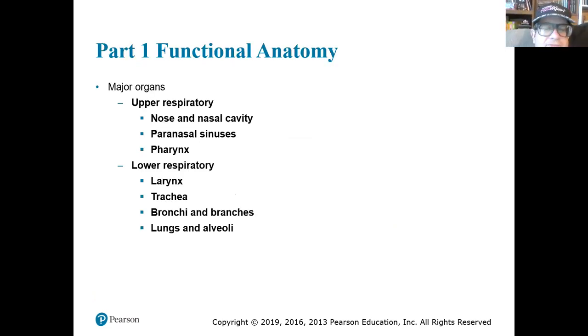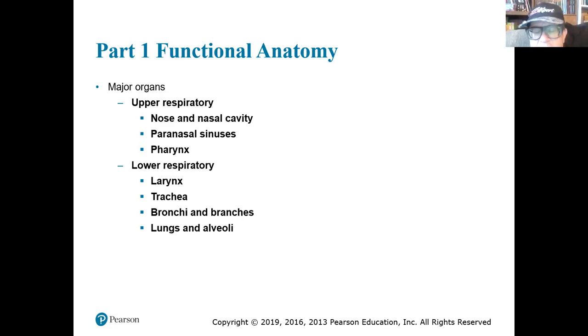Anyway, we're going to go fast through the functional anatomy, then we're going to do the physiology. Your major organs in the system: you have the upper respiratory tract and the lower respiratory tract. Upper is the nose, the nasal cavities, and the paranasal sinuses.